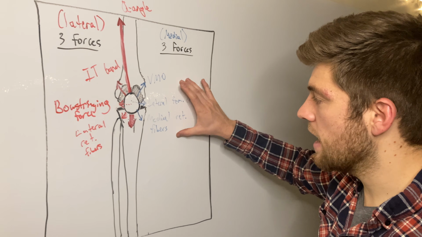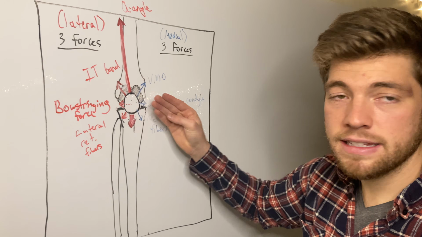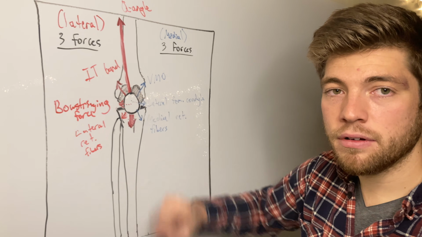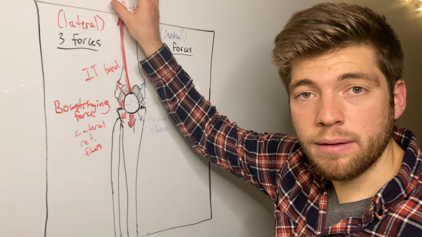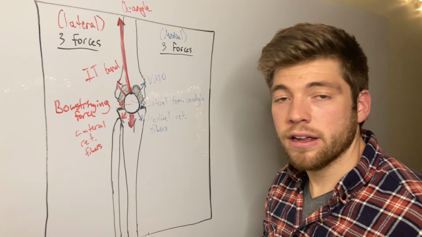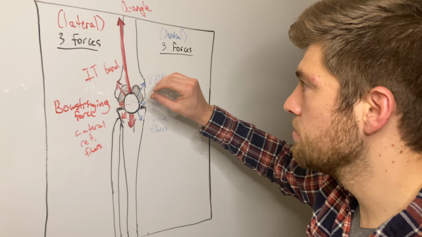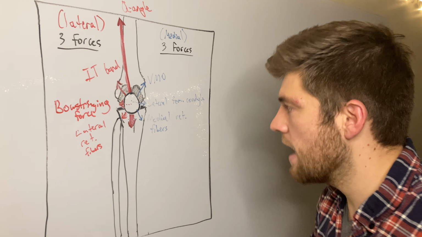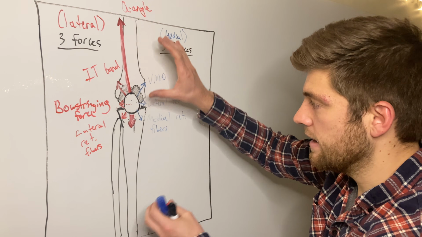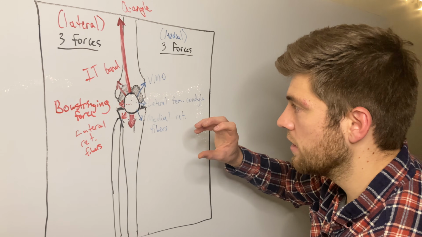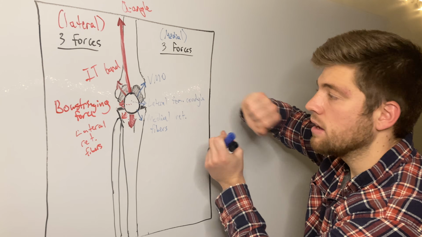These are the 3 forces on the medial side. So the patella has a tendency to want to go lateral. Some of the things that can make that worse are if we have weak hips or an overpronated foot. The reason why weak hips can make it worse is because if we're doing some lateral motions and our hip can't put our knee right above our foot, then we get this valgus collapse of the knee.